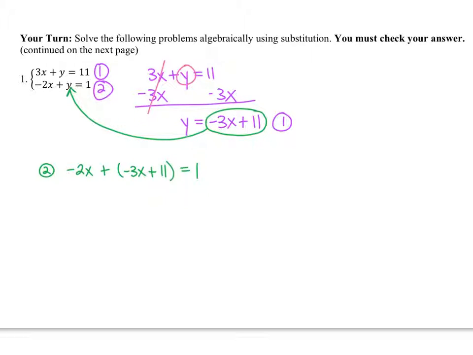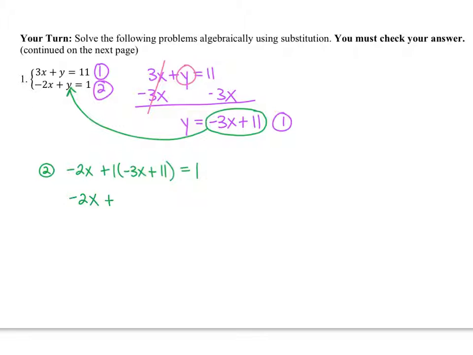Now notice what's different from previous problems that we've done: there's no coefficient in front of this y, or there is, it's just 1. Since it's only a 1 here, there's nothing really to distribute. You could distribute a 1, but we know that if we distribute a 1, whatever's inside stays the same. So we can actually just drop those parentheses since it's just 1y.